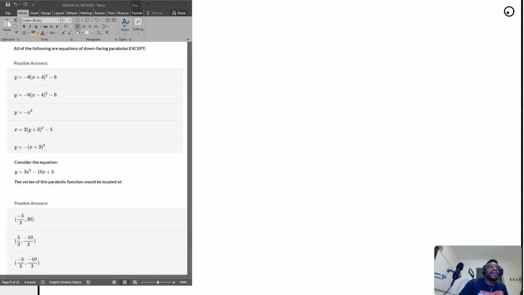This one says all of the following are equations of down-facing parabola, except. Down-facing parabola simply means facing down like this. And for it to face down like this, it simply means your A must be less than 0.